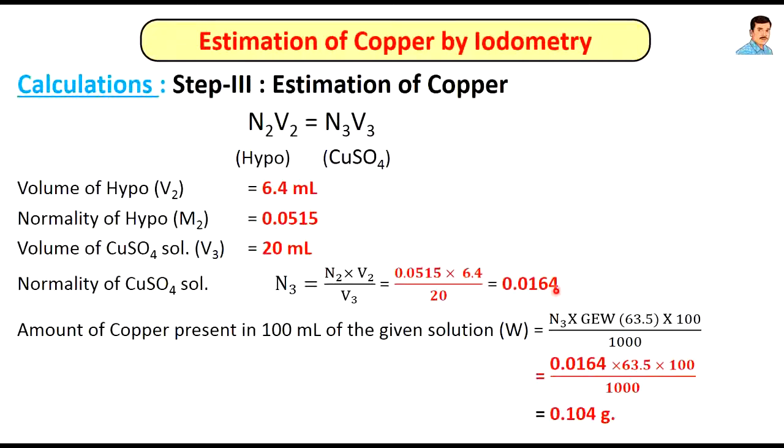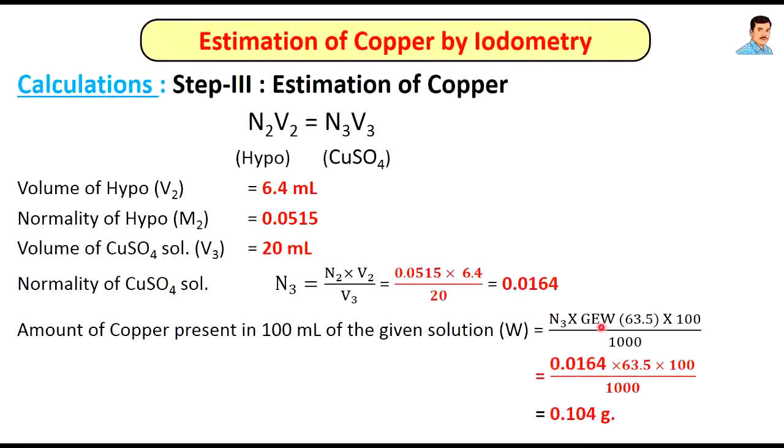0.0164, and now copper concentration is determined using the formula W is equal to normality into gram equivalent weight into 100 by 1000. Here normality N3 indicates the normality of copper sulfate solution, which we have just calculated as 0.0164.